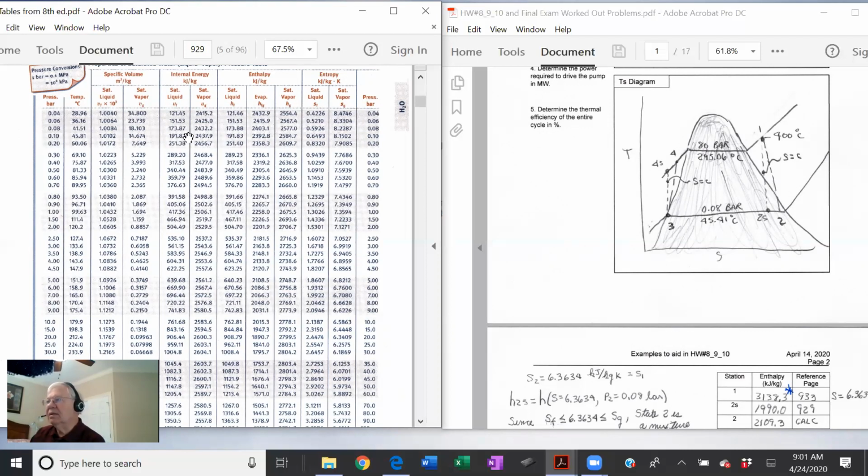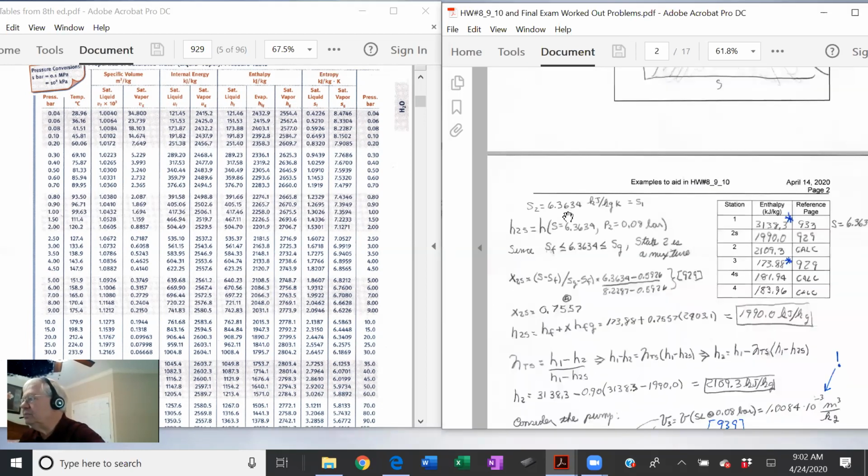Now let's look at the entropy. SF is 0.5926. That's the S at this point. SG is 8.3304. That's the S at this point. Our actual S2, which is the same as S1, is 6.3634. So we know indeed we're between those two limits. So we have a quality, a mixture, and we need to calculate the quality. Once we calculate the quality, we can use the quality equation to calculate the enthalpy of H2S.